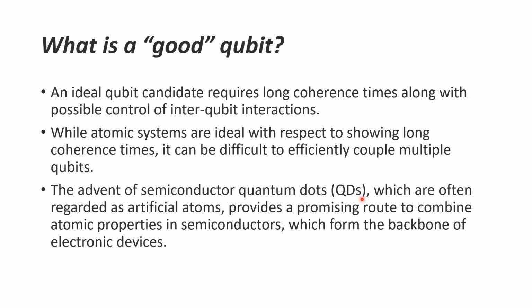The quantum well is formed by the potential landscape of the energy field. Such a quantum dot is not an actual atom, but we can regard it as an artificial atom. This gives us a way to combine atomic properties in semiconductors.